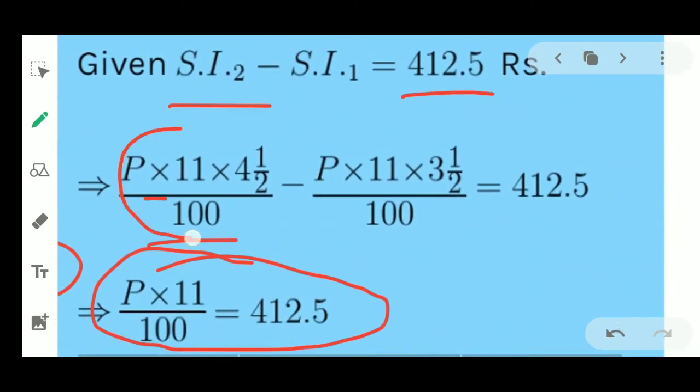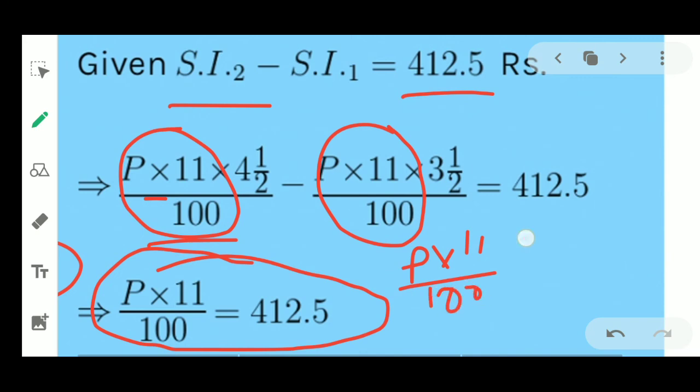If you see p into 11 by 100 is common here. So if you take p into 11 by 100 common, then remaining will be 4 whole 1 by 2 minus 3 whole 1 by 2.